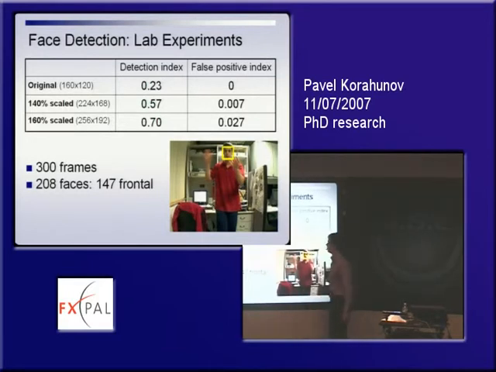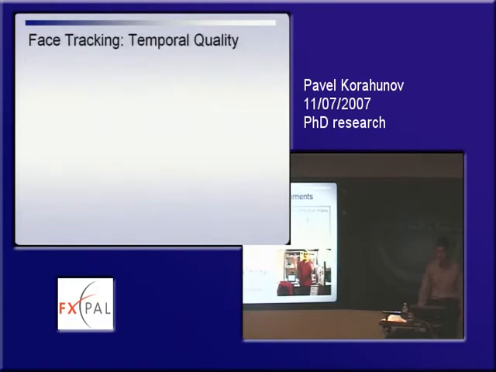So that's why they do it. And if you scale to 160%, you get even higher. More faces are detected, but you get this false positive increase as well. So there is a trade-off. But scaling up increases accuracy.